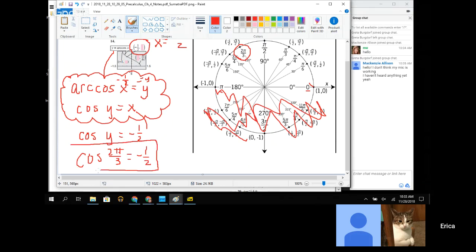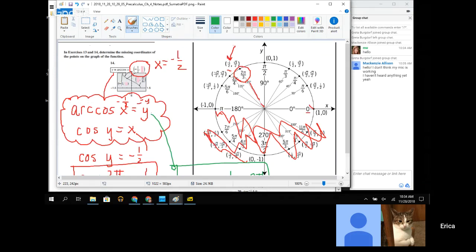Are you guys okay with that? I'm just looking at my unit circle. If I take the cosine of 2 pi over 3, it equals negative 1/2. That means by definition that the inverse or arc cosine of negative 1/2 is 2 pi over 3, because they have this inverse property.